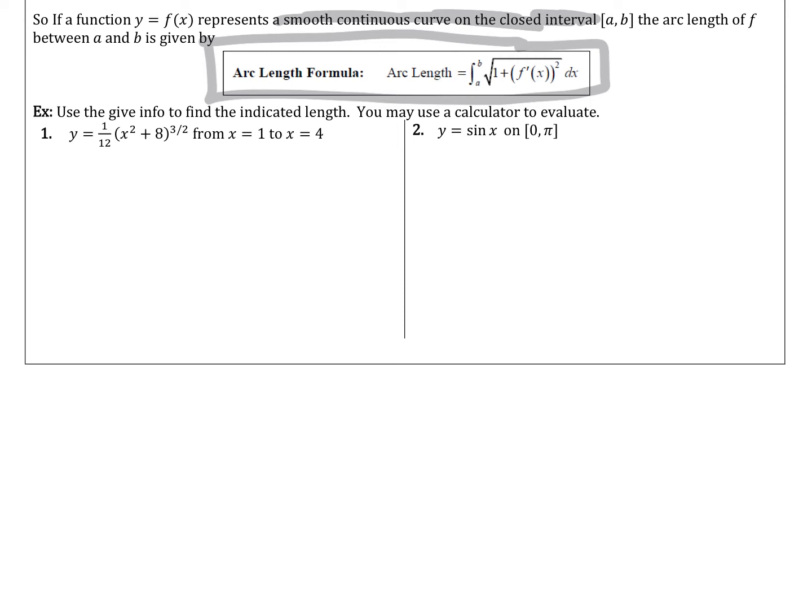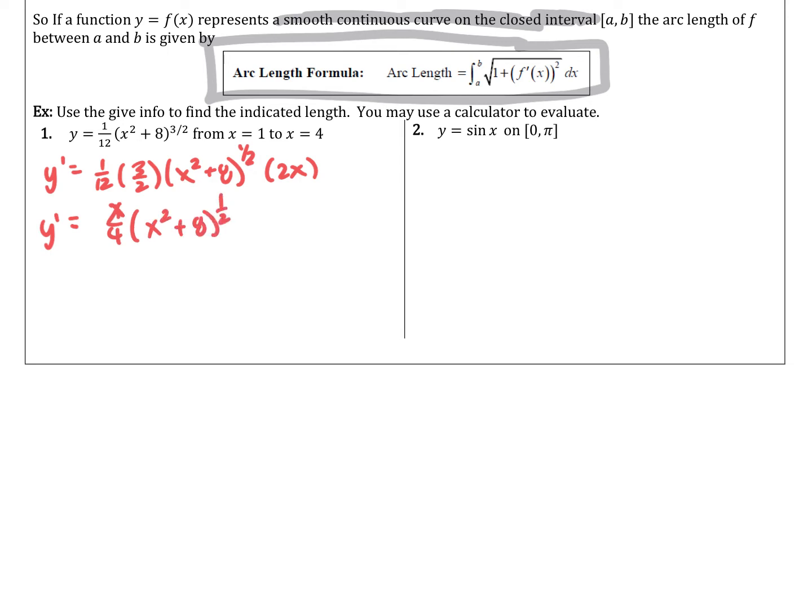So for number 1 down here, the first thing we need to find is what the derivative is. So y prime is going to be 1/12 times 3/2 times (x squared plus 8) to the 1/2 power times the derivative of the inside, which is 2x. If I simplify all of this, it's x over 4 times (x squared plus 8) to the power of 1/2.